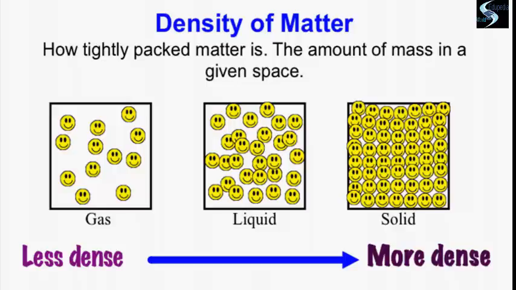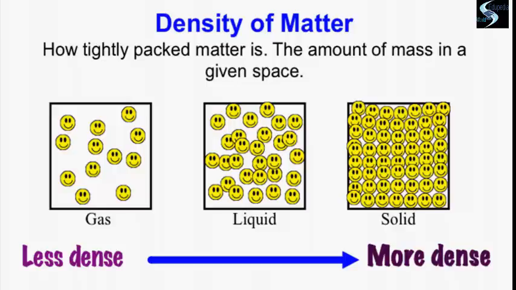So now we can understand the density of a substance will depend upon the packedness arrangement of the molecules of the substance. Secondly, the mass of the atom and the size of each atom.